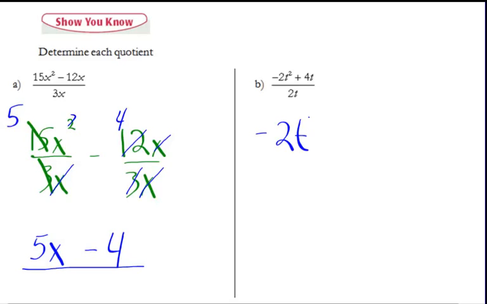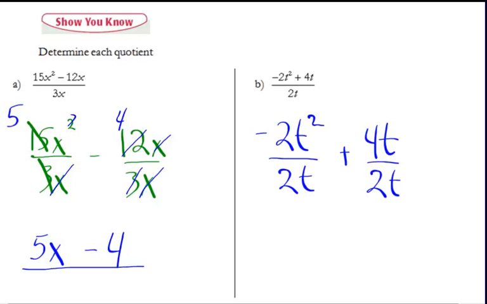Minus 2t squared over 2t plus 4t over 2t. Now, you have to really watch when you have the negatives involved, because when you're reducing, don't forget that negative 2 divided by 2 doesn't just cancel out.